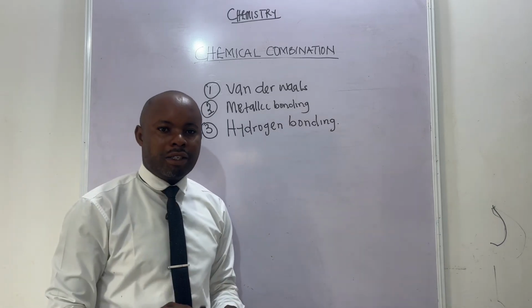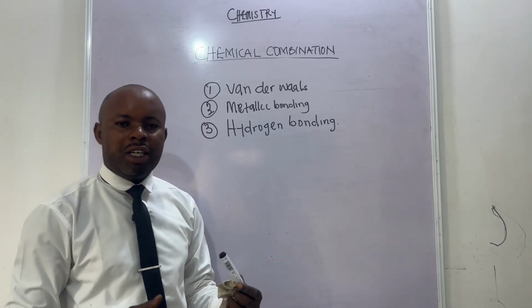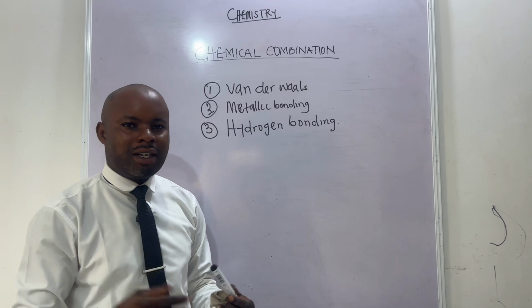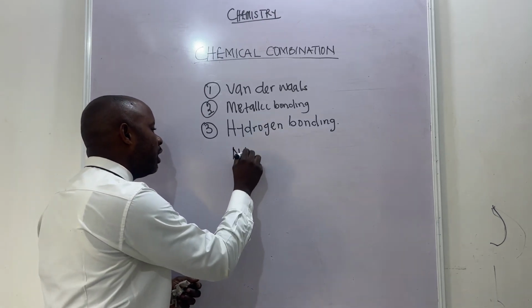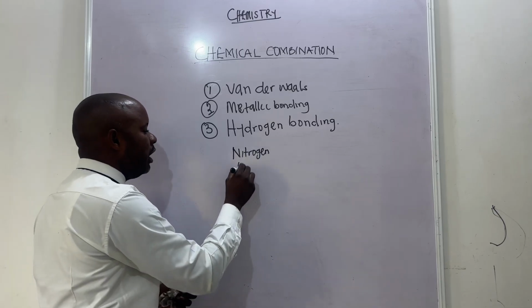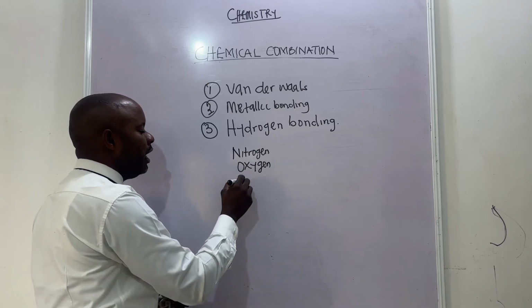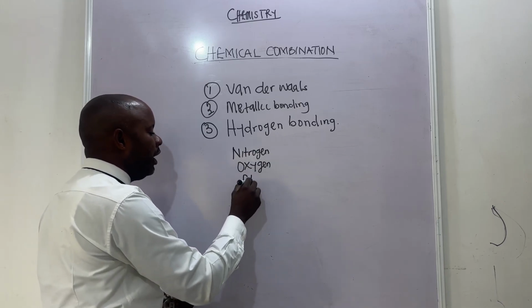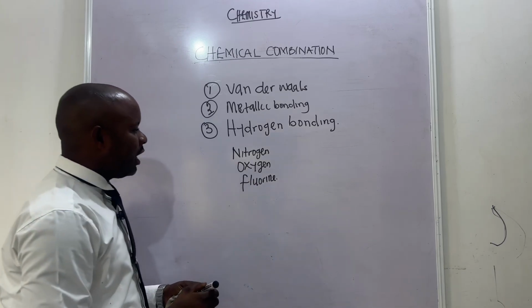In this aspect, hydrogen bonding occurs when hydrogen is covalently linked to atoms such as nitrogen, oxygen, or fluorine.